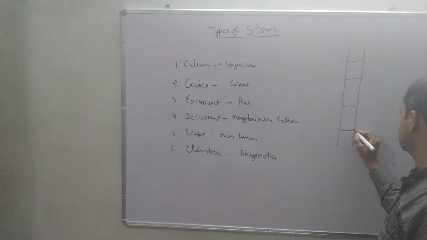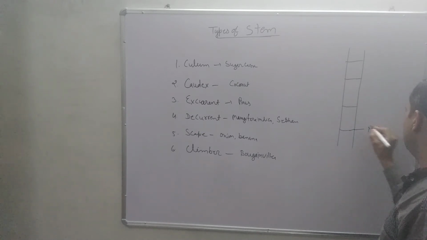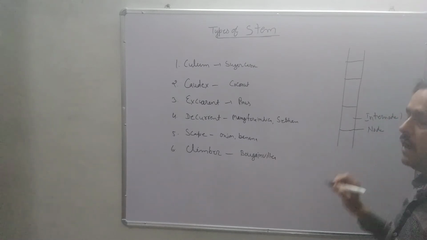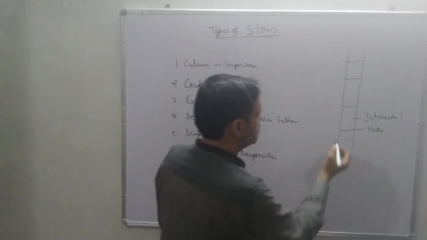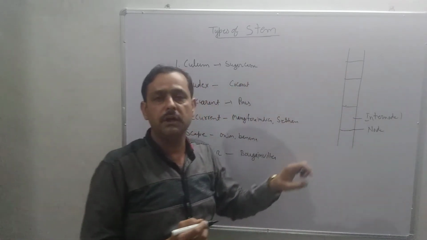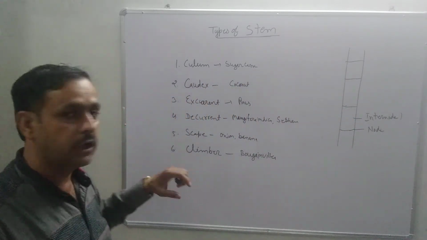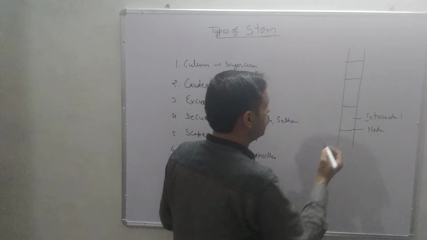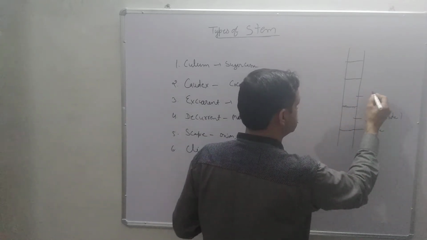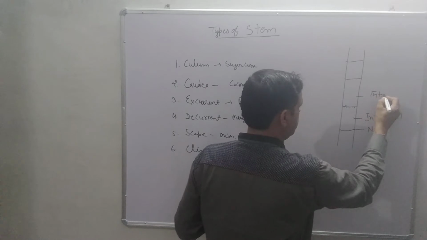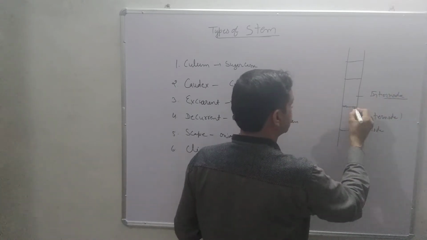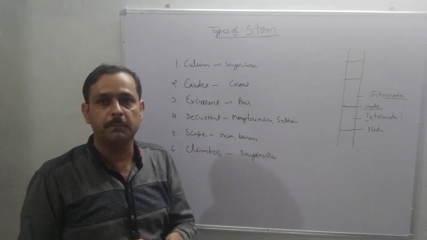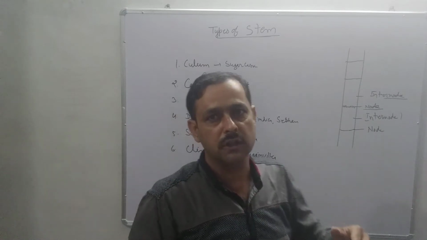We find these structures clearly: this is the node, and the part between two nodes is called internode, and the part which combines two internodes is called node. So these structures are present only in the stems, not in the root.